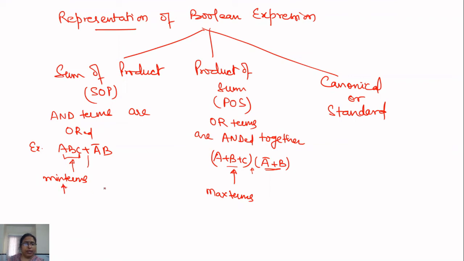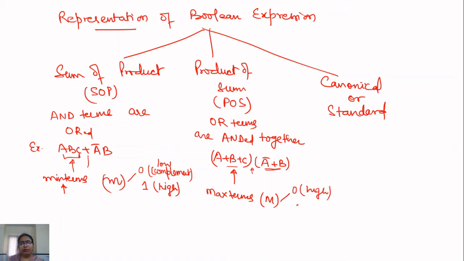Minterms are denoted by a small m, and maxterms are denoted by capital M. In minterms, 0 is taken as a complement, and 1 is taken as normal, as high, or 0 is taken as low and 1 is taken as high. But in maxterms it is opposite to minterms. So here 0 is taken as high and 1 is taken as low.